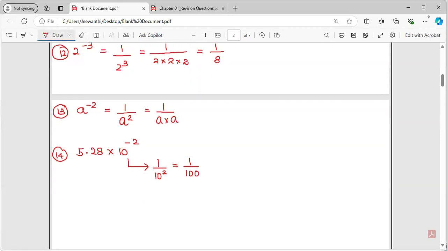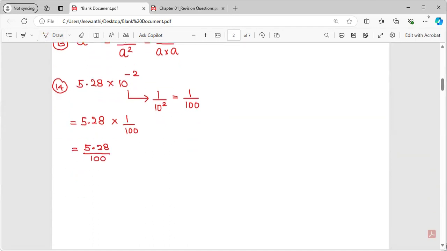So then I rewrite the question: 5.28 multiplied by 1 over 100. If you multiply something by 1 over 100, that means 5.28 divided by 100. When you're dividing a decimal number by 100, how many steps should you jump to the left side? 2 steps.